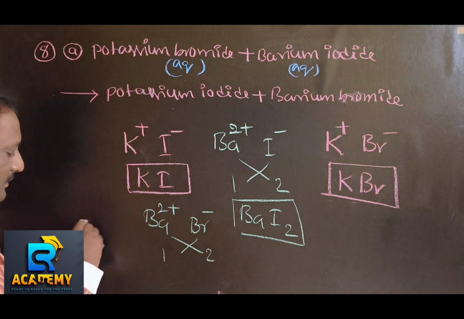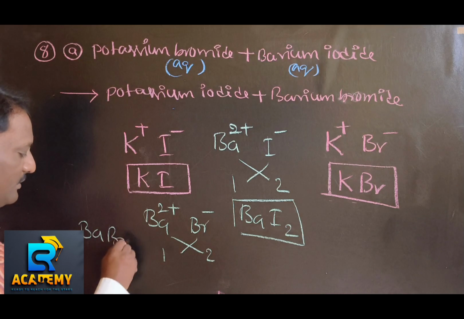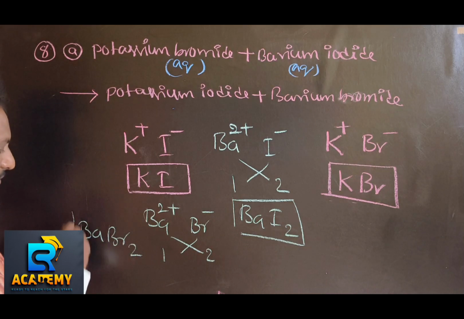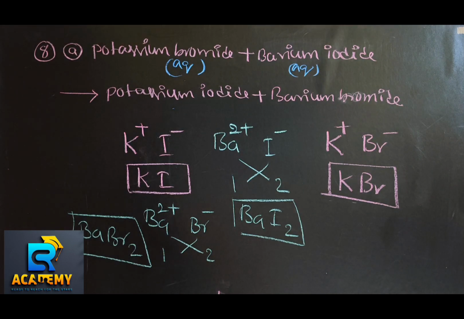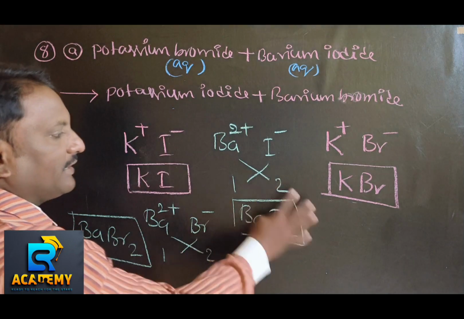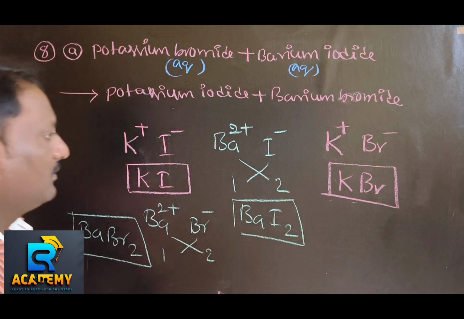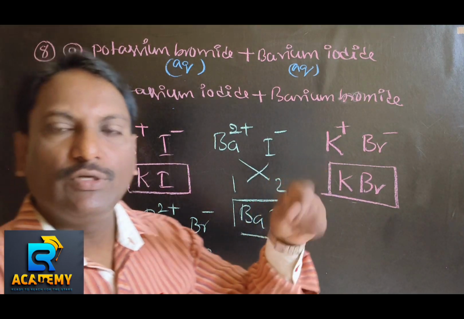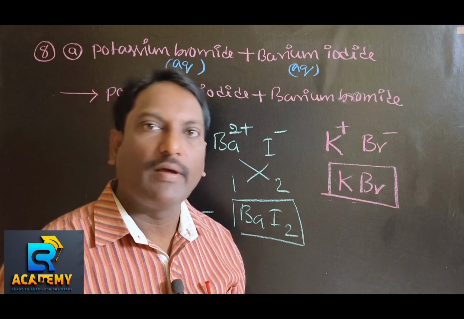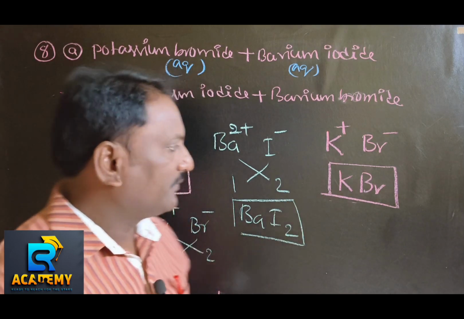So let me write here BaBr2, barium bromide. So these are the chemical formulas for the reactants and products in the given reaction. Let us replace the names with chemical formulas. Make a note. So please learn the ions.